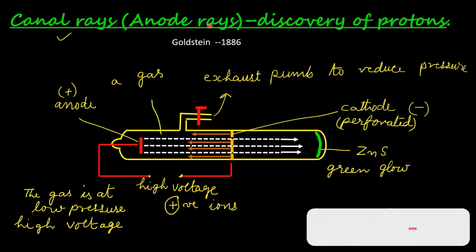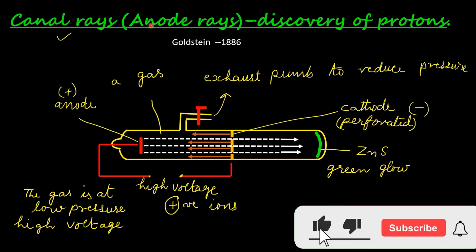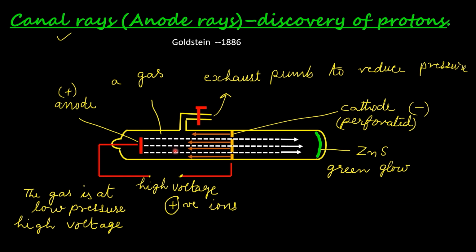Anode rays or canal rays contain these positive ions. In the case of anode rays also, different experiments were conducted with different parameters so that the properties of these particles present in the anode rays would be understood.